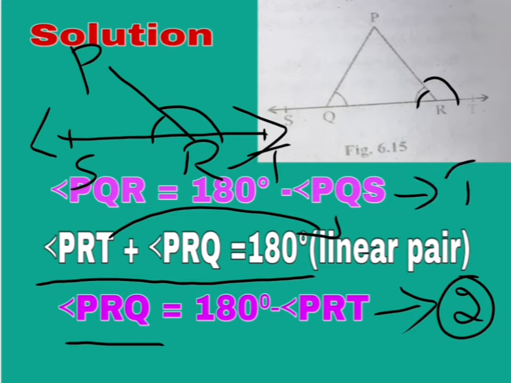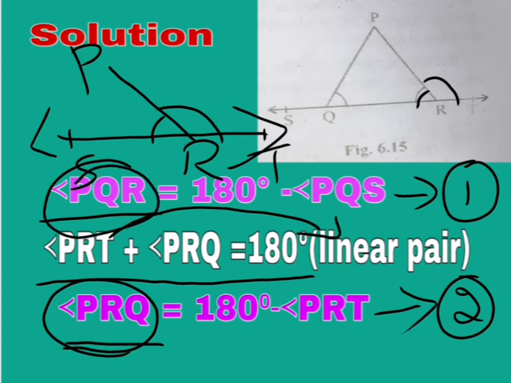So why we did so is, in our given question it is given that PQR and PRQ are equal to each other, isn't it? These two terms are equal to each other. So whenever we find the values for these two, it is possible for us to do the simplification very easily.